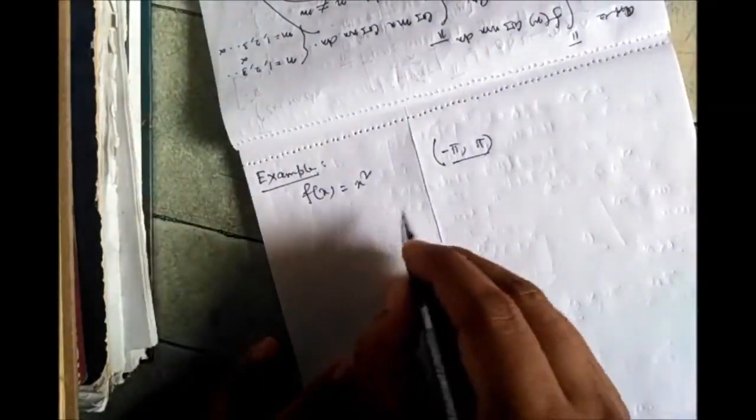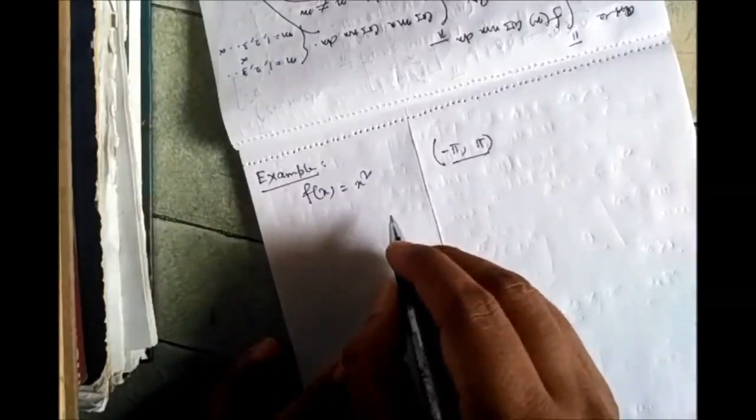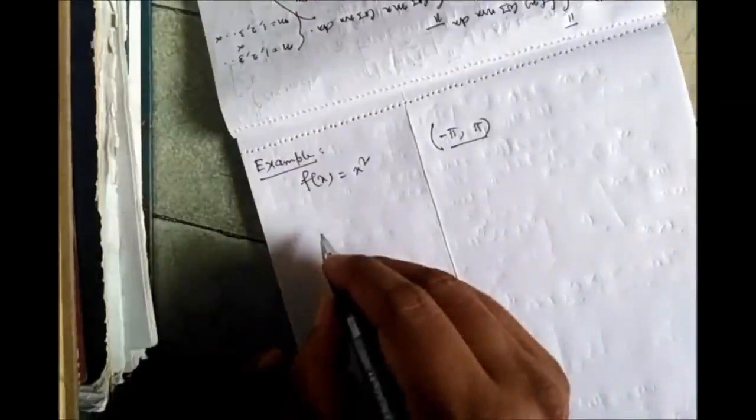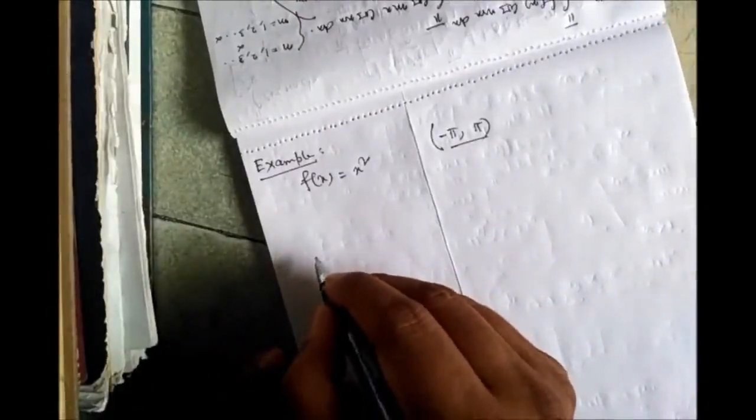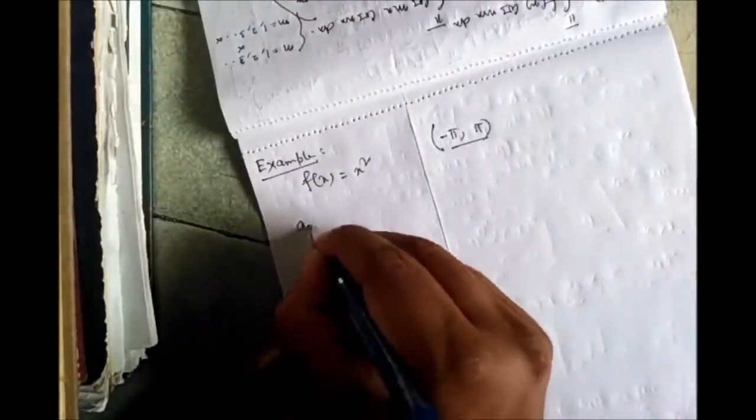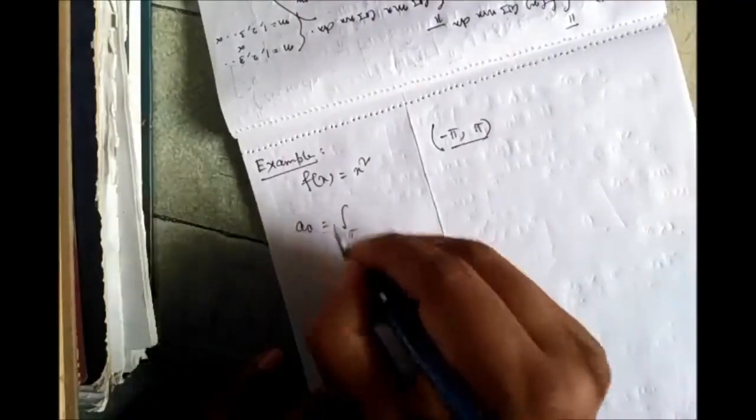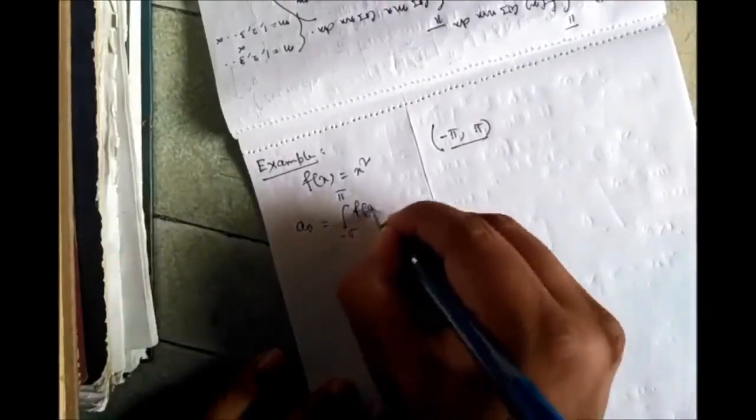So you can calculate or expand this function in Fourier series. So according to Fourier theorem, I can write the value of A0 as integral minus pi to plus pi f(x) dx. So this will be minus pi to plus pi x square dx, right?